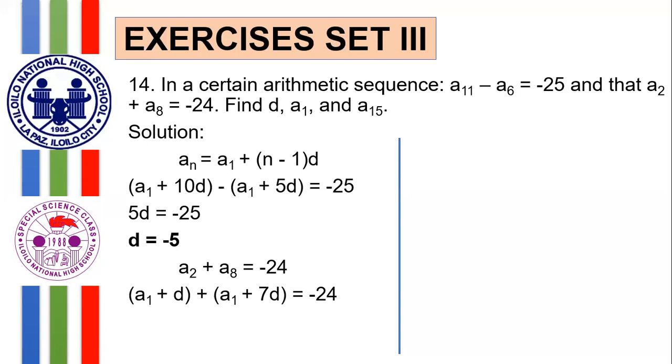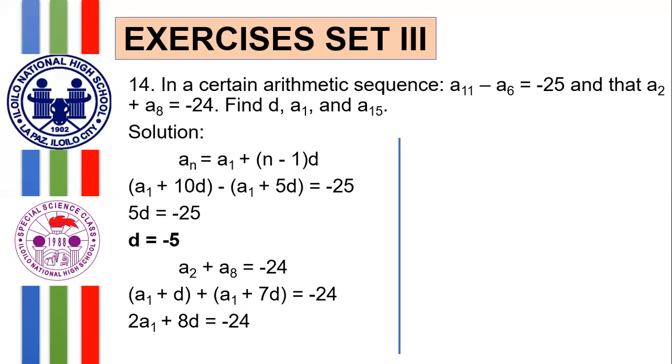The eighth term, a sub 8, is a sub 1 plus 7d. And their sum is equal to -24. Simplifying the left-hand side, we have 2a sub 1 plus 8d equals -24.